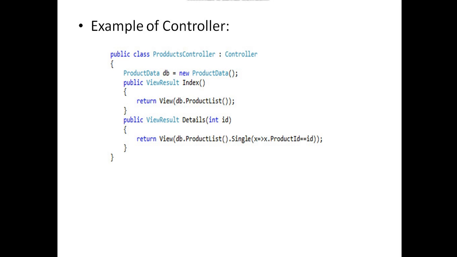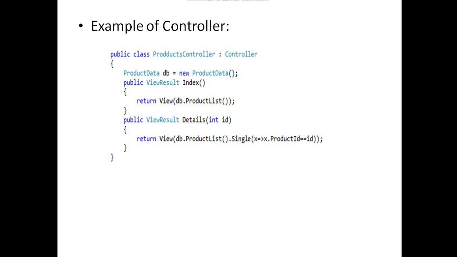Let's discuss an example of a controller. Every controller name should be suffixed with the Controller keyword, and every controller should inherit from the Controller class, which is a base class and a predefined class.